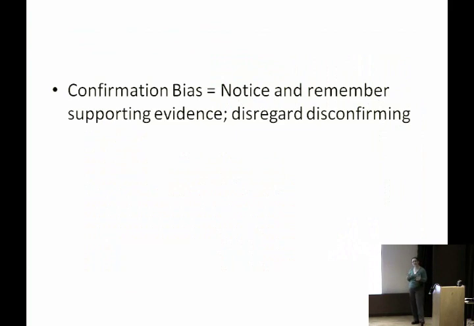It is just a way that we think about things naturally. So the confirmation bias says that when we are out in the world and we have pre-existing attitudes or opinions about something, we are going to notice and remember evidence that supports what we believe. We are not necessarily going to notice and remember evidence that is disconfirming to our belief.